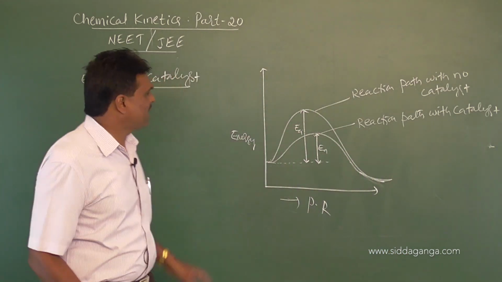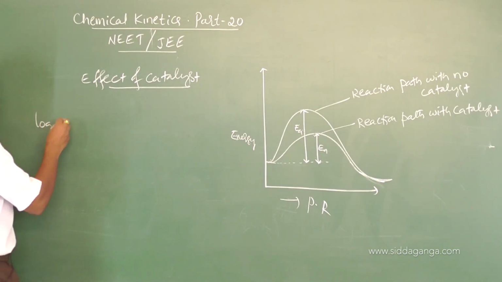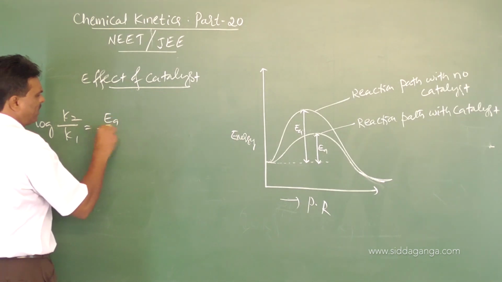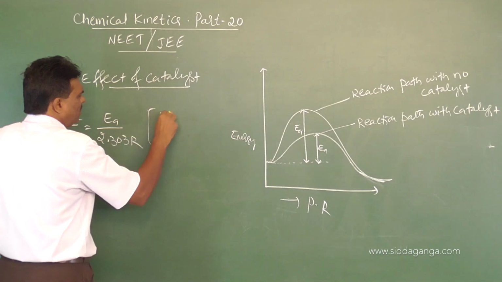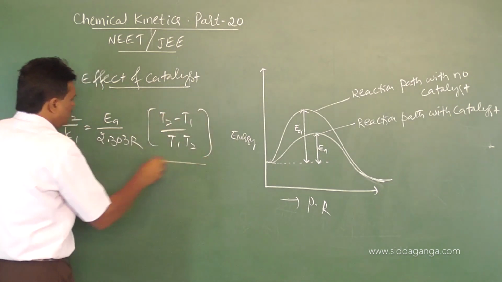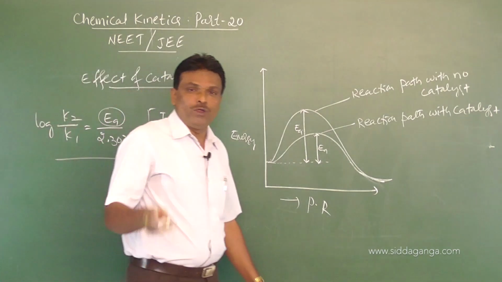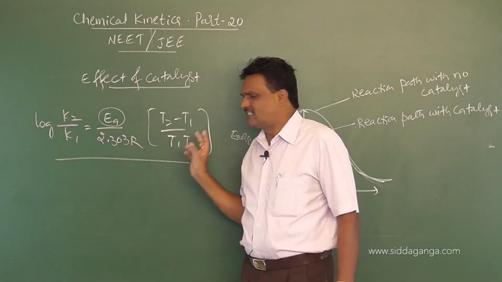Now, I had not told you how to calculate the energy of activation. So the formula is log K2 by K1 is equal to EA divided by 2.303 R into T2 minus T1 by T1 into T2. So to evaluate the energy of activation, we must know two velocity constants at two different temperatures.